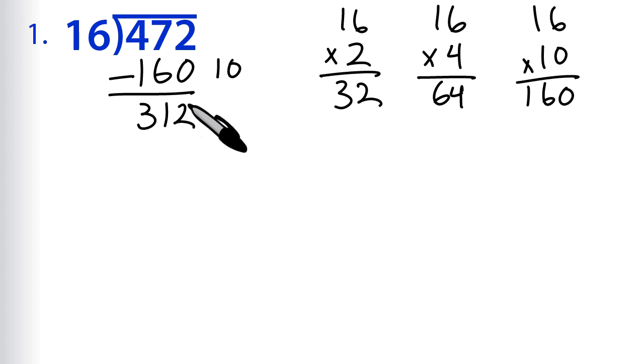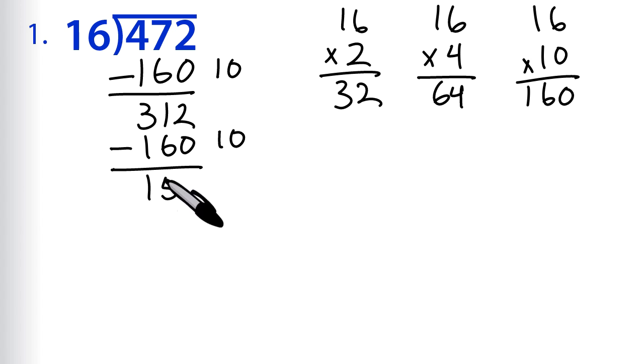So once again, that is bigger than 160. So we'll use 10 as our multiple again. Use 10 right here. 160. So we'll subtract 160 from 312, and that is 152. And so 152 is less than 160, so we can't use 10 as our multiple again.